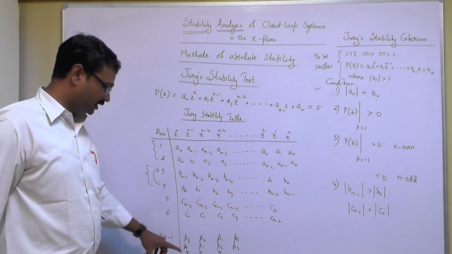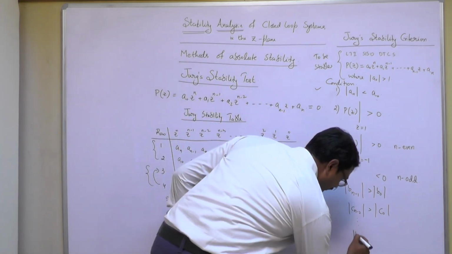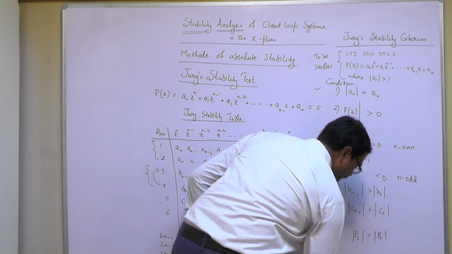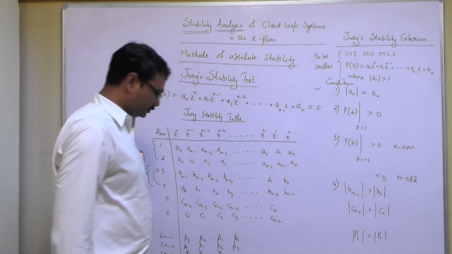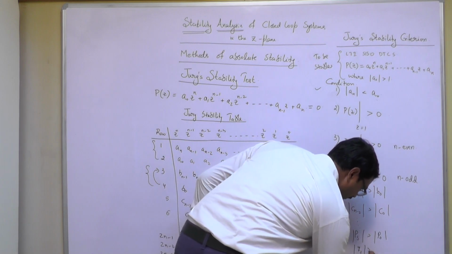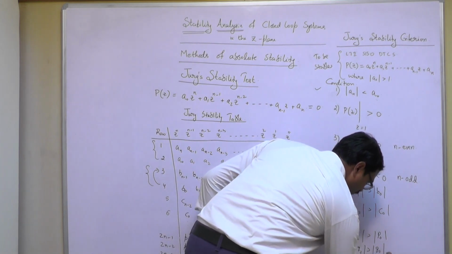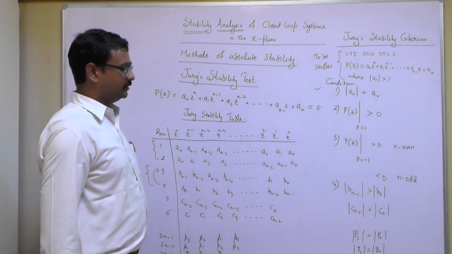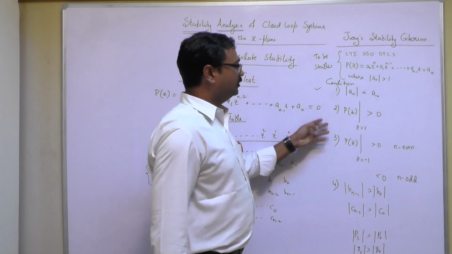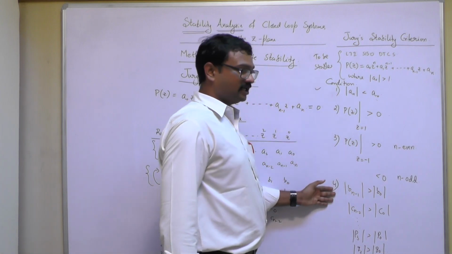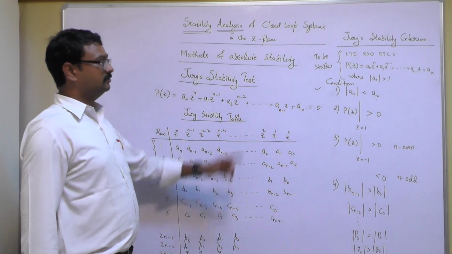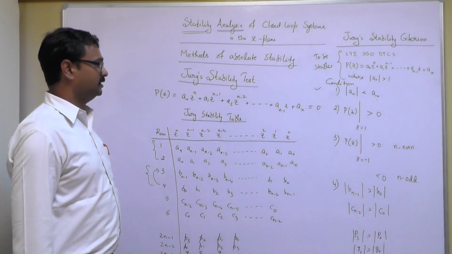Mod p3 greater than mod p0, and finally mod q2 greater than mod q0. So these are the four different conditions which, if the system satisfies, then the system can be said to be stable according to the Zurich stability criterion.